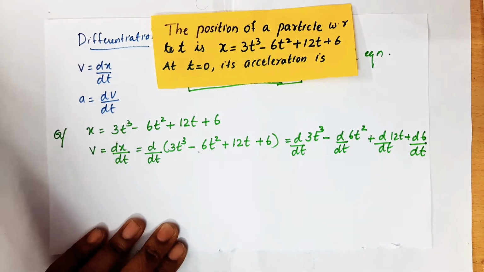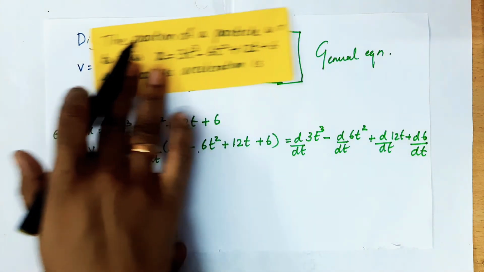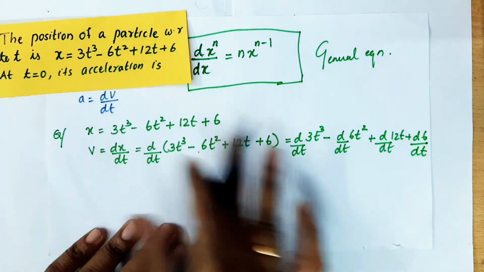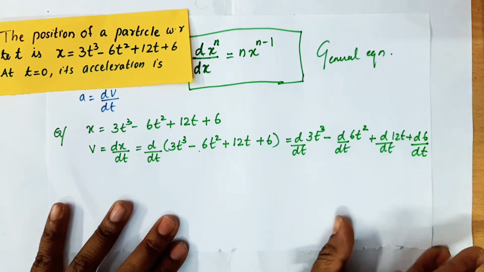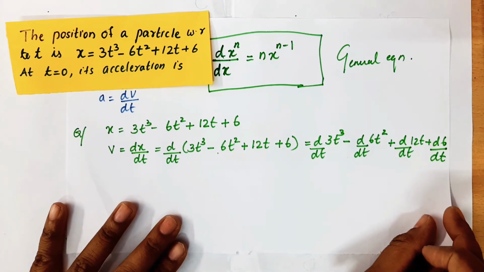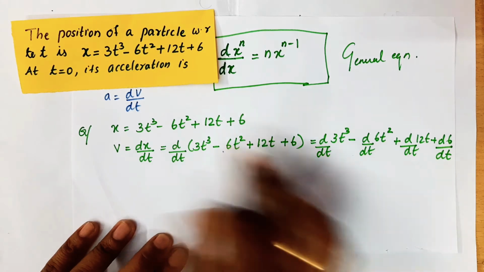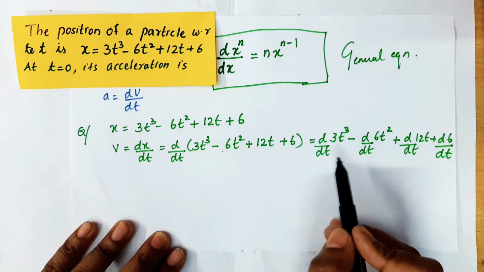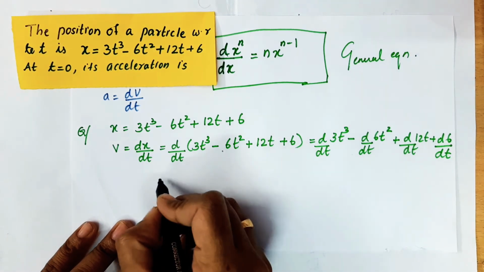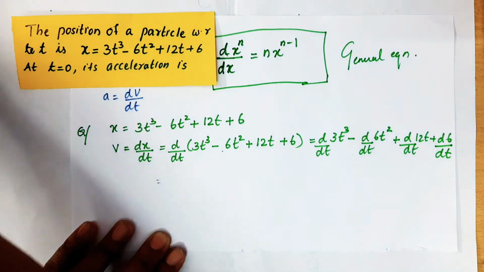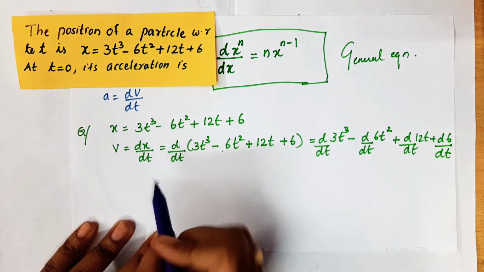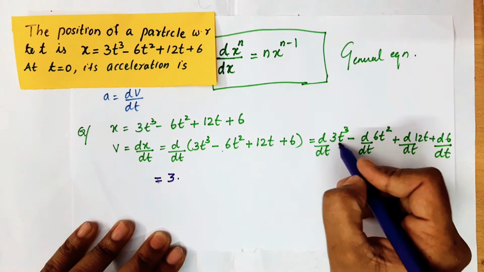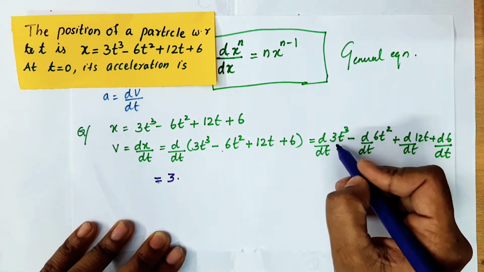Now you have to use your general formula: d by dx of x power n. Here, in place of x it is t, no problem. So I am writing 3 into d by dt of t cube.